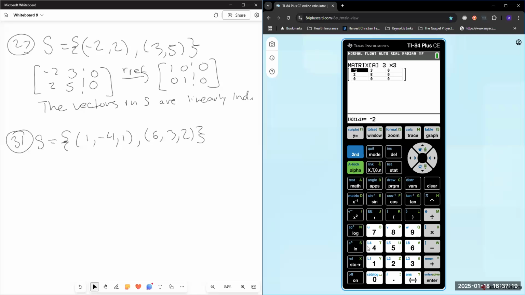So we have 1, 6, 0, -4, 3, 0, and 1, 2, 0. We get that row of zeros there.